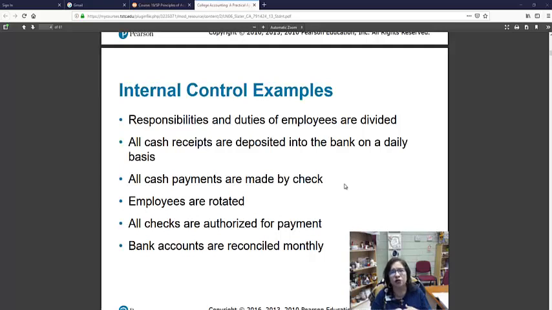You also make sure that the employees are rotated, meaning that each one knows how to work the cash register as well as do the other duties, so that you can rotate them to ensure that there's no embezzlement going on. You have to have your checks and balances. And of course, make sure that all the checks that are written or all the transactions that are done are authorized and that the bank accounts are always reconciled on a monthly basis.